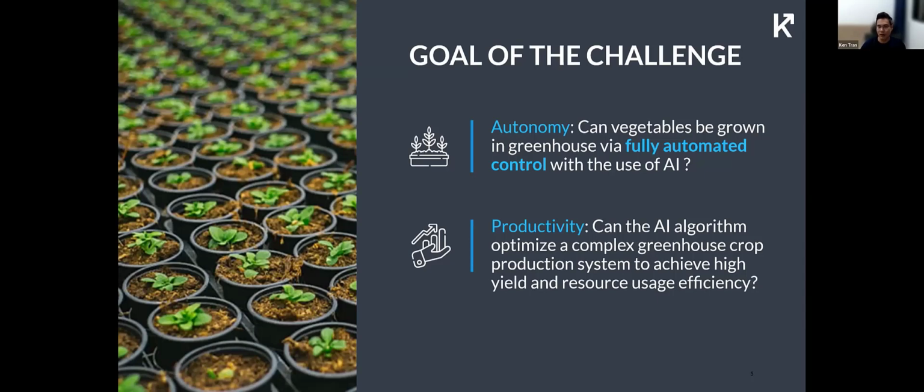So can our growing practice be automated and reproduced by the computers? And the second goal is the enhanced productivity. Can the algorithms take it even further and make growing even more productive, more efficient? From many standpoints. One is yield, and also the other dimension is resource usage efficiency.